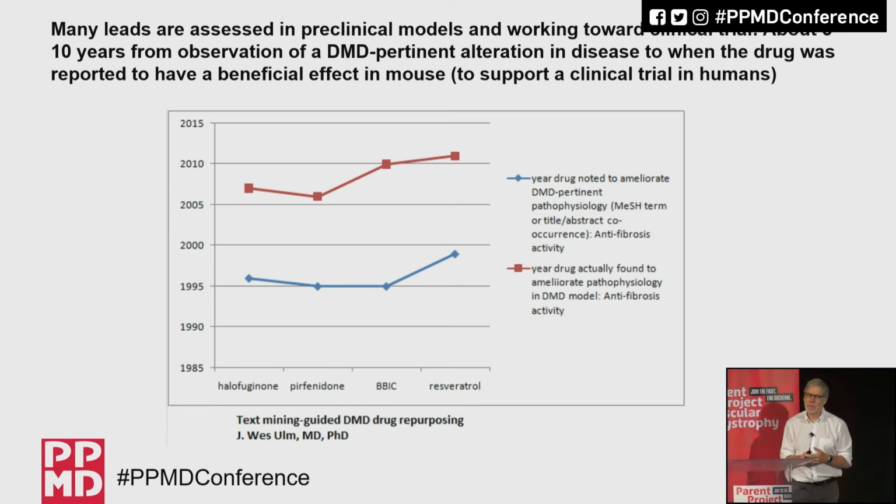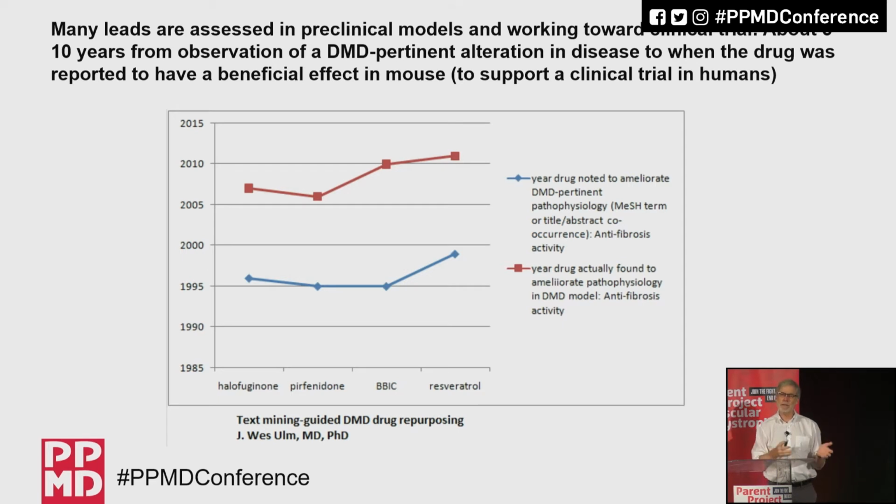Even going from some mode of, this is just a few examples. This is from a postdoc who was in the lab a few years ago. And you can do this over and over again, but this is just 4 examples of things that we're sort of moving towards clinical trial.